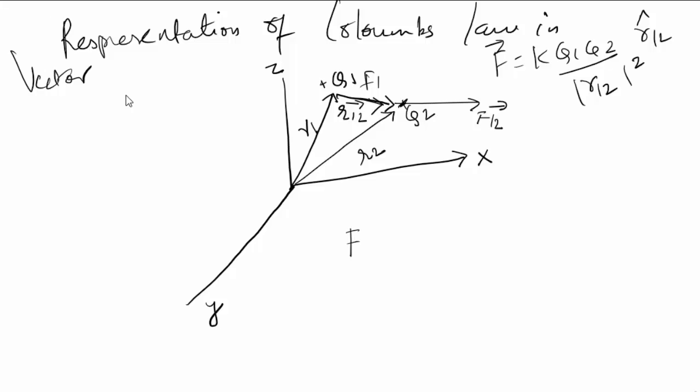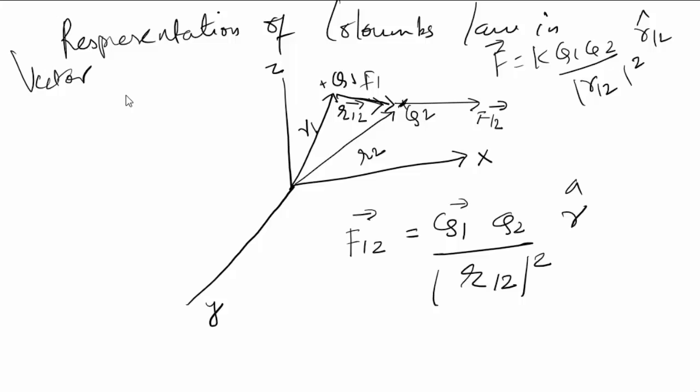This can be written as F12 is equal to k Q1 Q2 divided by R12 whole square, times the R12 unit vector. And again, what is my R12?